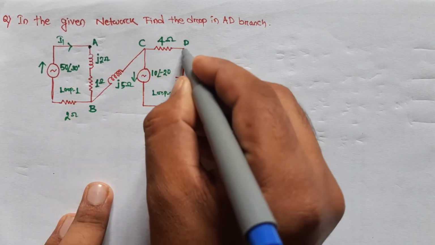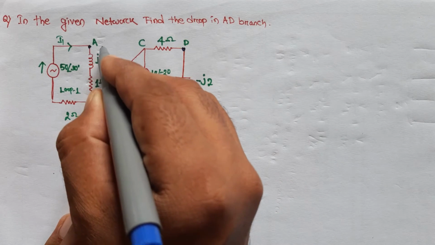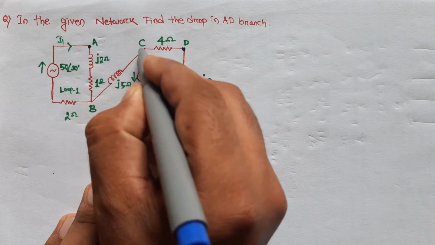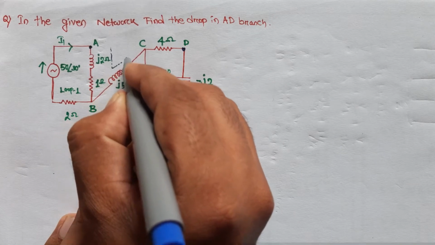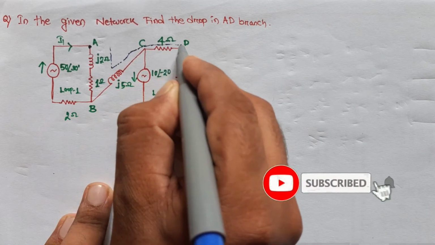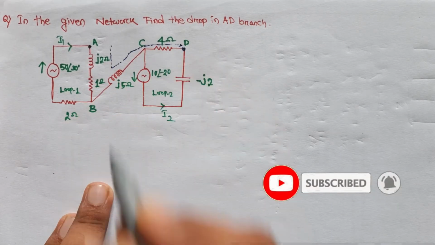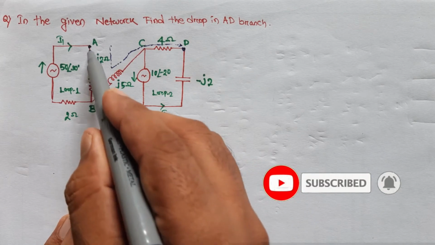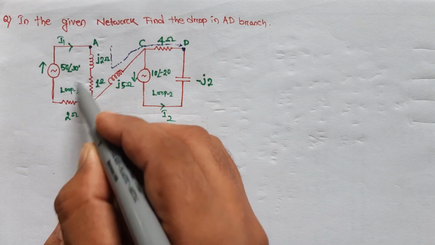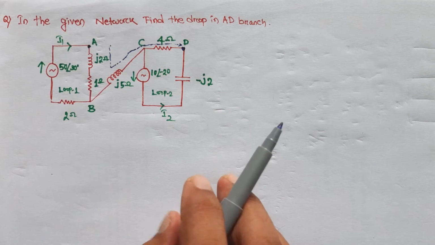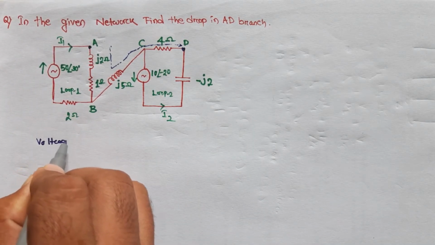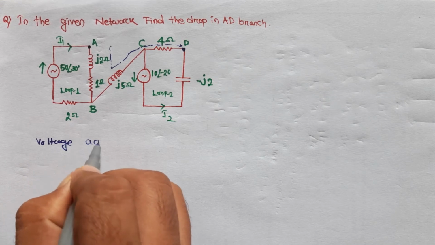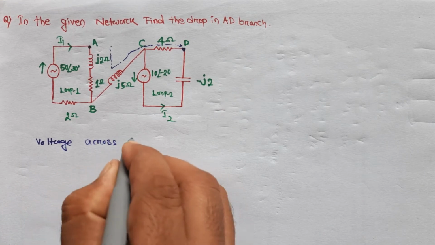This is A and this is D. We need to find the voltage drop across this, from A to D, so here we need to find the voltage across AD.